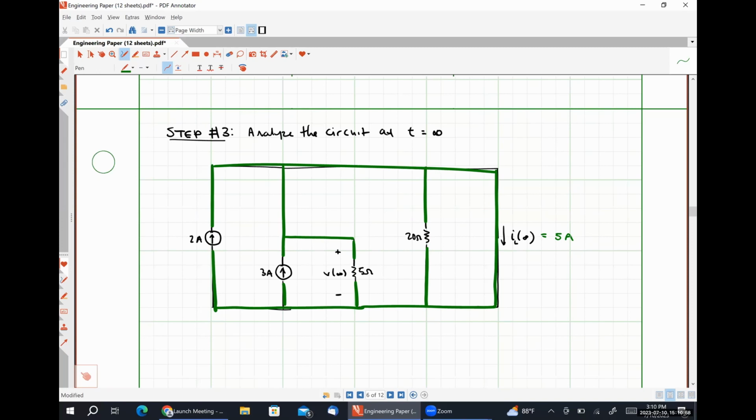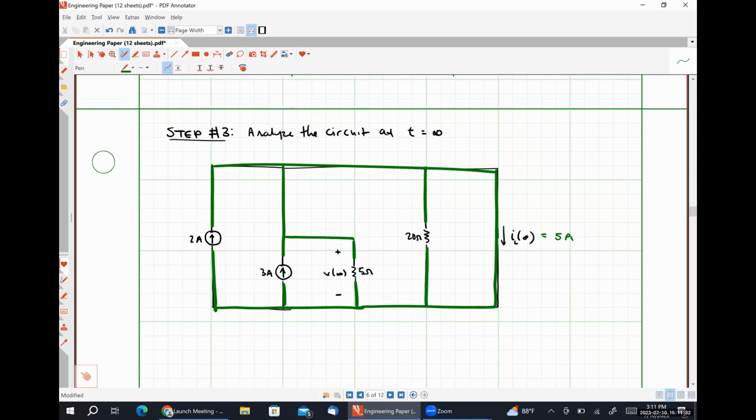Okay, so what is V at infinity going to be? So how much current flows through the 5 ohm resistor? 5 amps. So 25 volts.